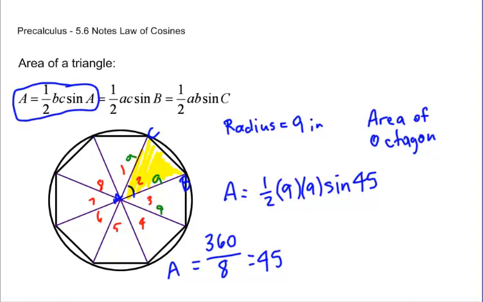Which gives us 28.638 square inches. And then how many of those do we have? We've got 8 of them.